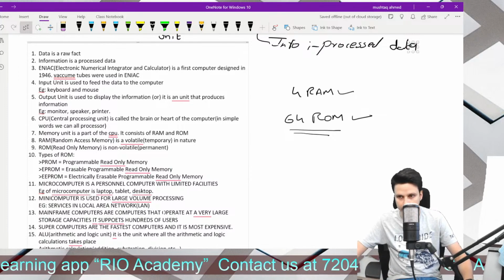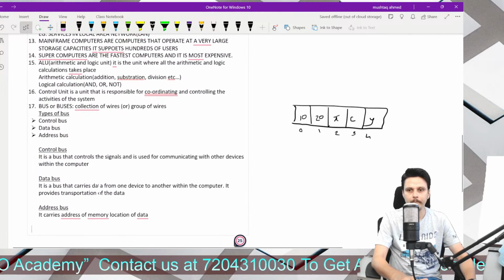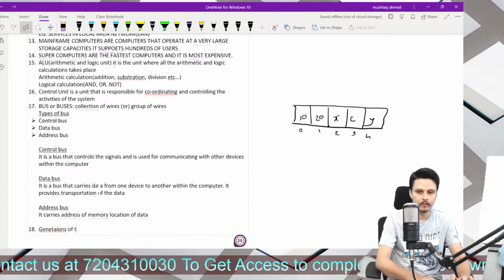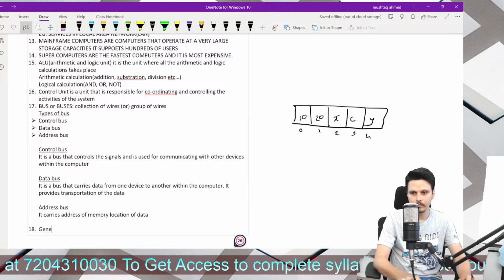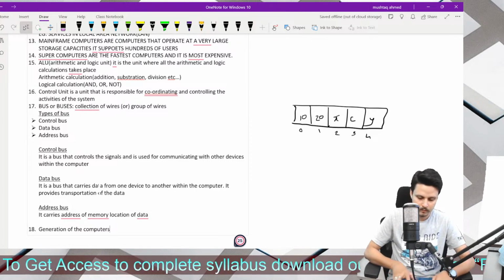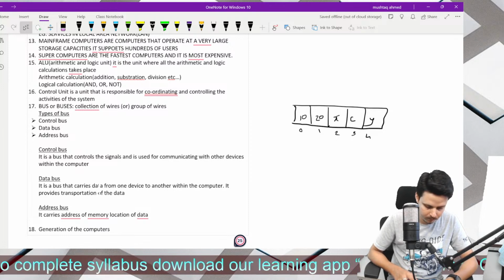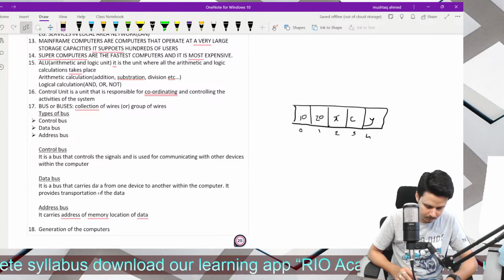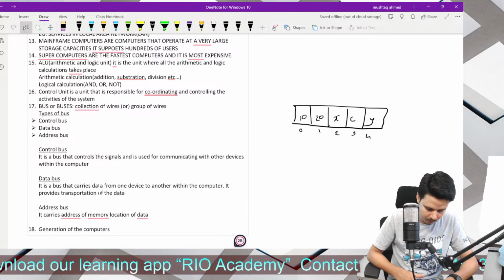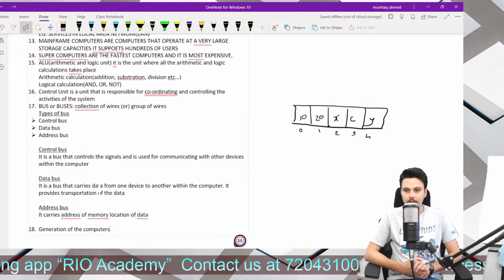There are 5 types of generations. So there are total 5 generations.